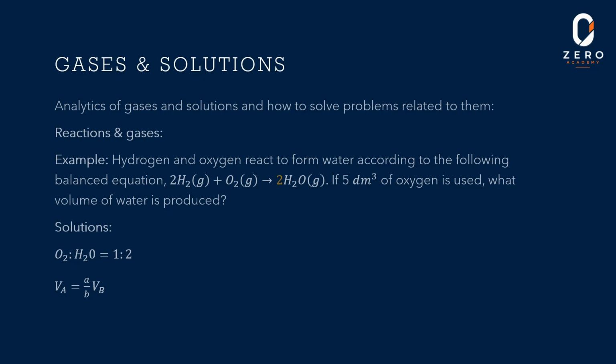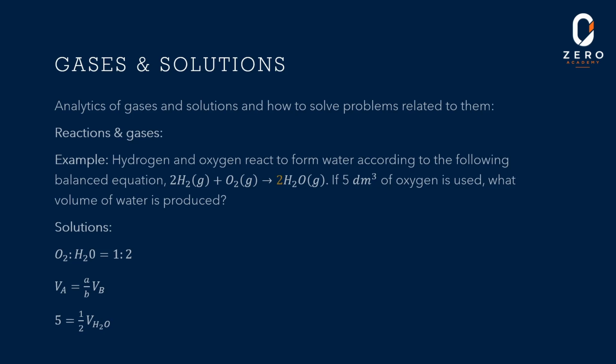For VA and VB and A and B, you can choose either the reactant or the product to be either. But if you choose VA as the reactant, the A will need to be that of the reactant as well, and vice versa. In this example, I chose my VA as 5, and hence as that of the reactant, because that is what I am given.